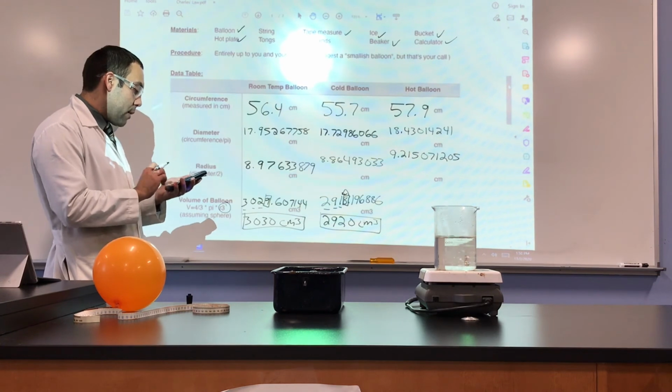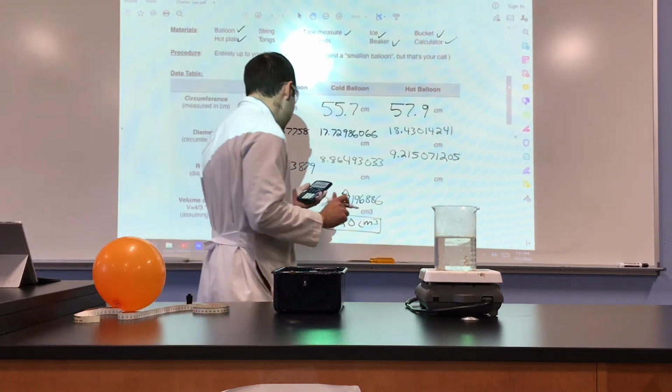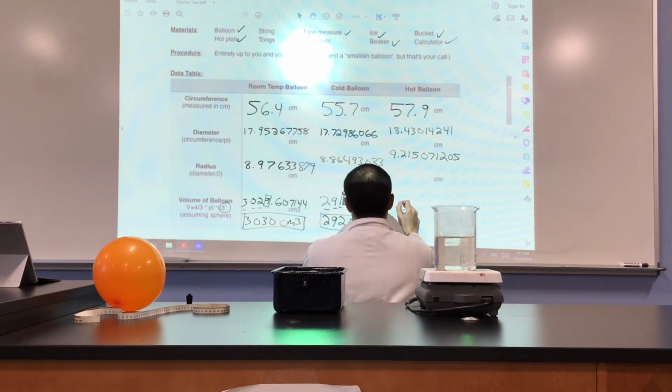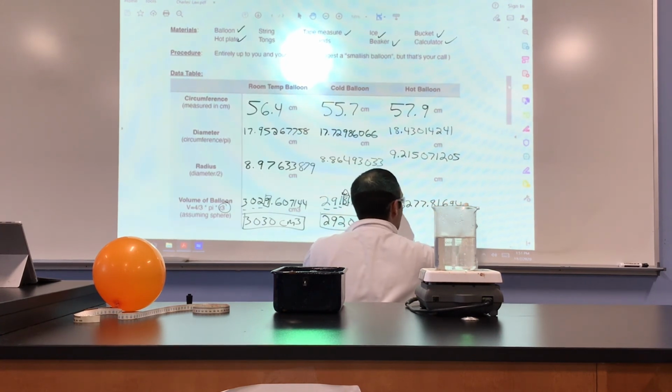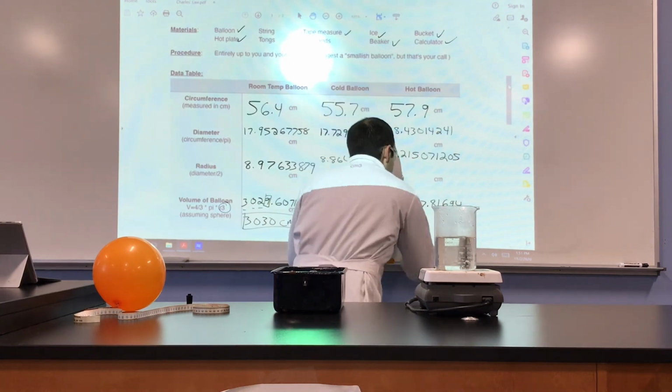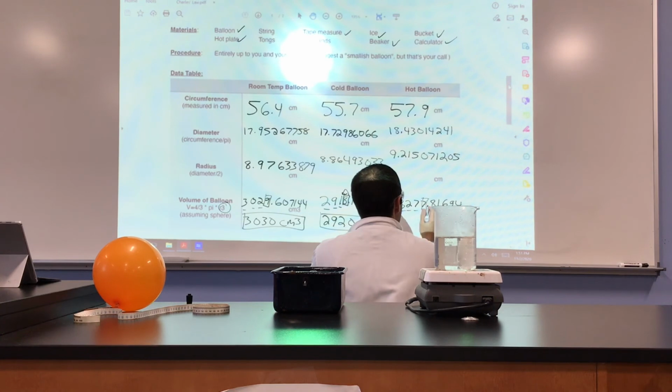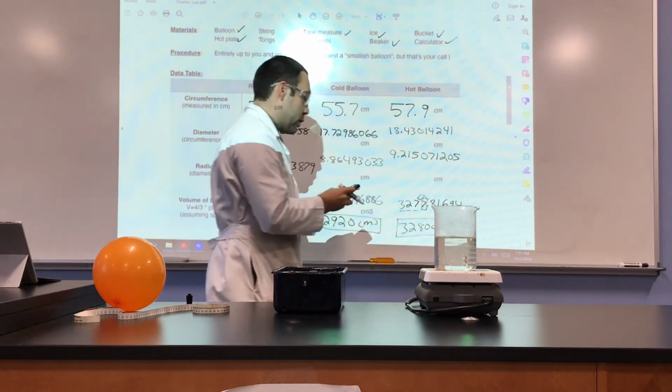Divide by 3, hit enter, and it's going to give me an answer of 3,277.81694 cubic centimeters. Once again, 3 significant figures. 7 is higher than 5, so we round to 3,280 cubic centimeters. And that's our final answer.